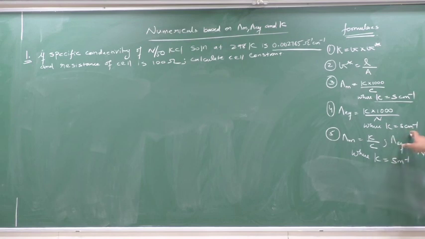But if K is given in Siemens per meter, then the molar conductivity formula will be K by C and the equivalent conductivity will be K by n.